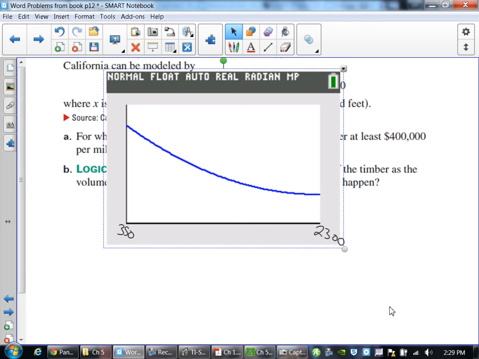So anyway, right now they're looking for between what values of x that curve is at least 400,000. So without doing any work, what can I look for to find a height value somewhere around 400,000? What would you look for?